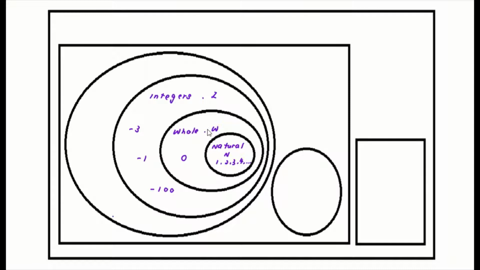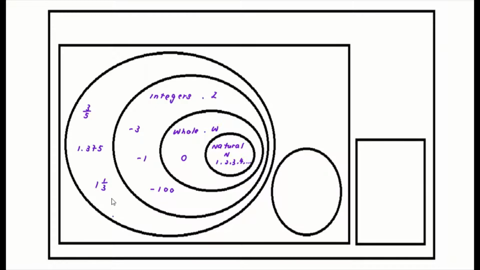All right. Then after that, we know that numbers can also be expressed in terms of ratio. That's why we have fractions, for example 3 over 5. It can also be expressed in the form of decimal, for example 1.375. Or we can even have a mixed number, 1 and 1 over 3.